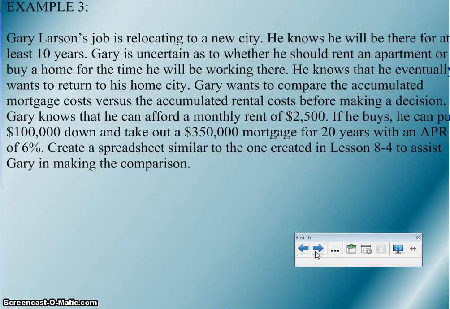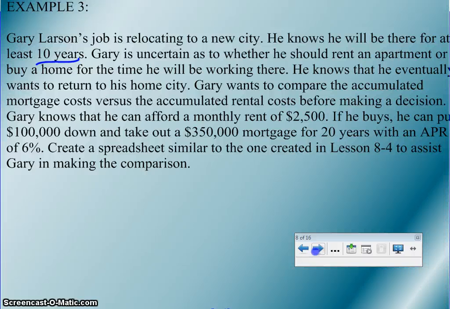Okay, example number 3. Gary Larson's new job is relocating him to a new city. He knows he'll be there for at least 10 years. Gary is uncertain as to whether he should rent an apartment or buy a home for the time he will be working there. He knows that eventually he wants to return to his home city.